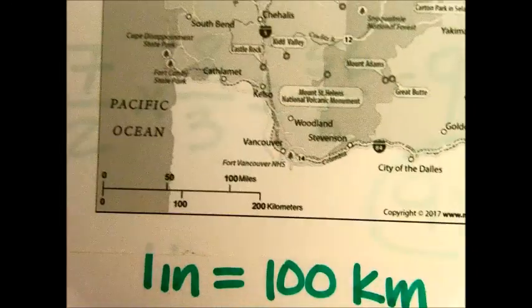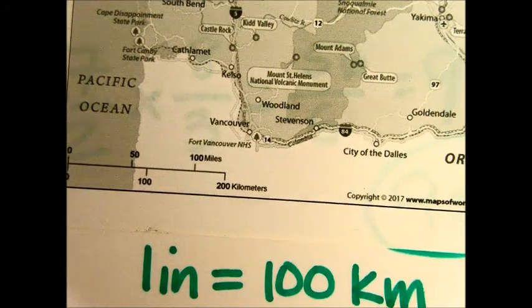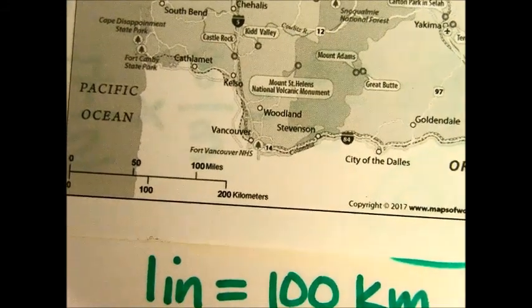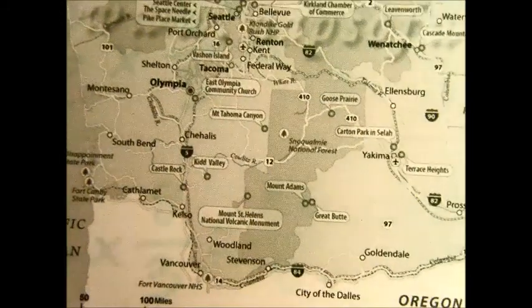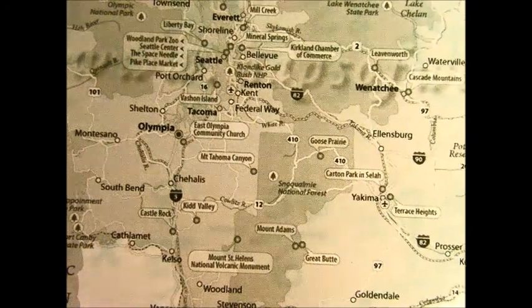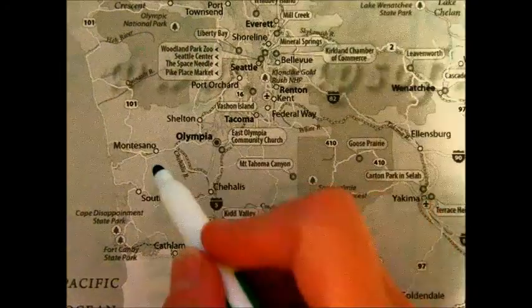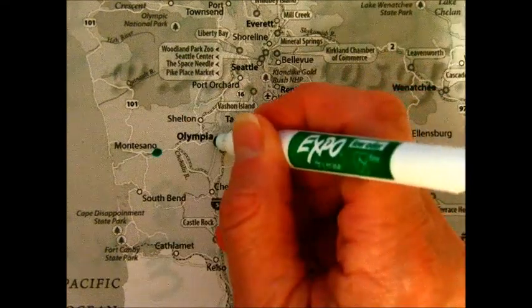Now, we normally in the U.S. don't use kilometers, we use miles, but this is a nice, easy example of using scale, and so I just want to do a couple problems with you. Now let's say that we are going to go from Montesano, which is right here, to Olympia, which is right there.